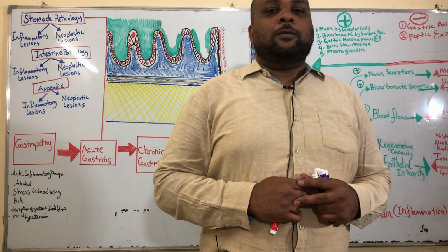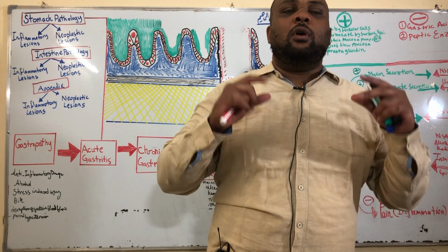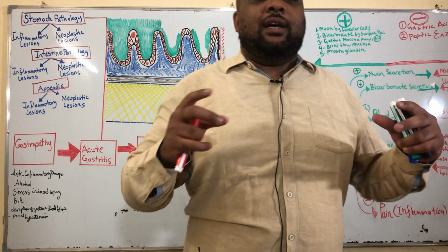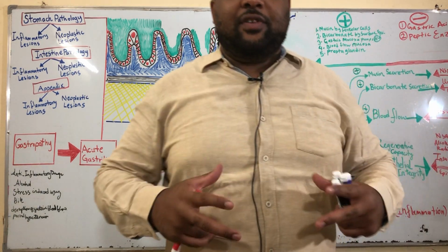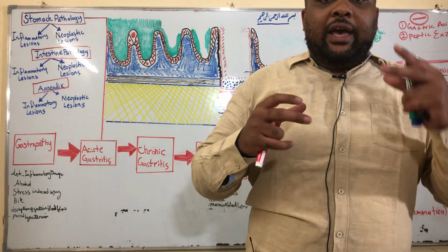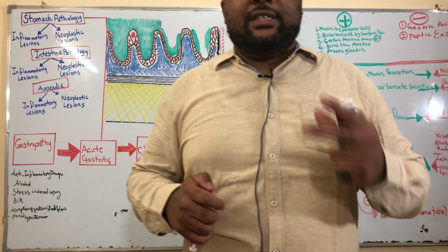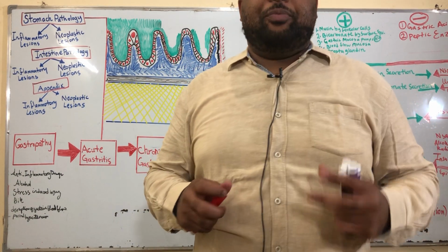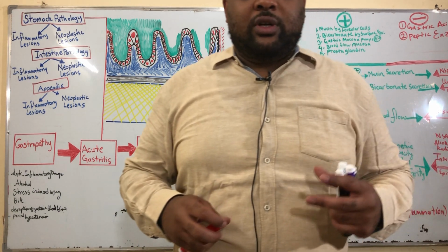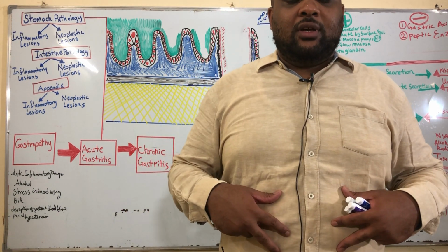And also, we must understand that this very digestive hydrolytic environment, if it's strong enough to digest a piece of steak or a piece of chicken, what's stronger, steak or our stomach?